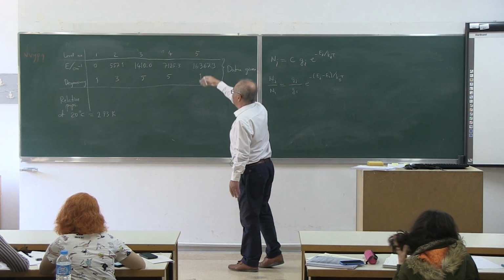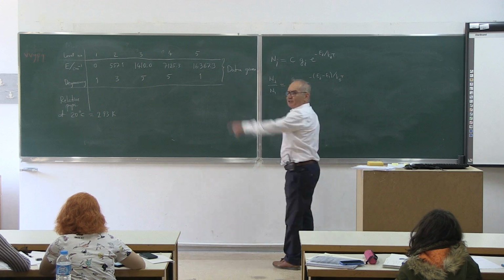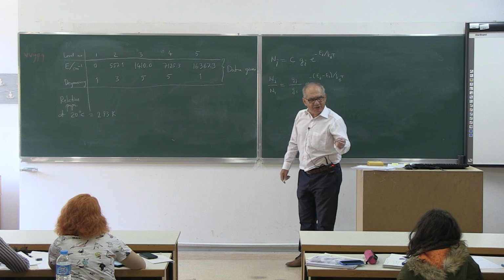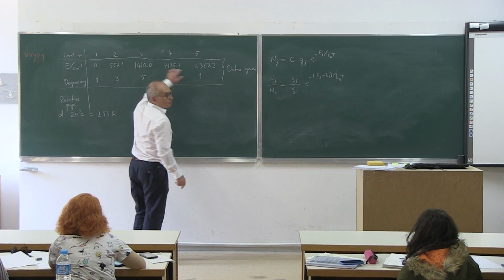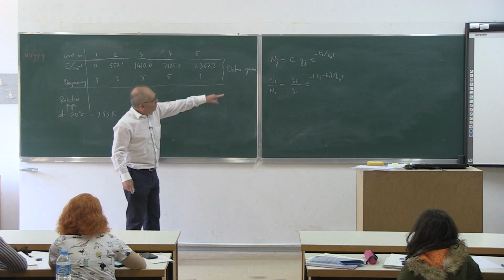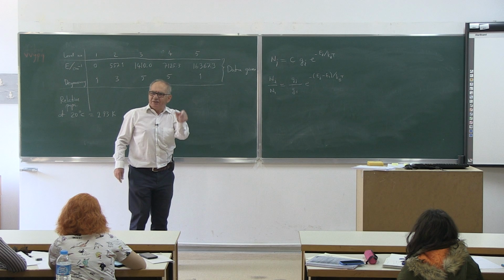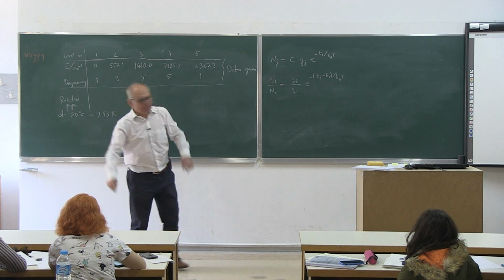Next, you apply this expression to the numbers. Because the energies are given in wave number units, instead of converting everything into joules, we are dividing by kT. kT is also energy. We first calculate kT in joules and then convert it into wave numbers.